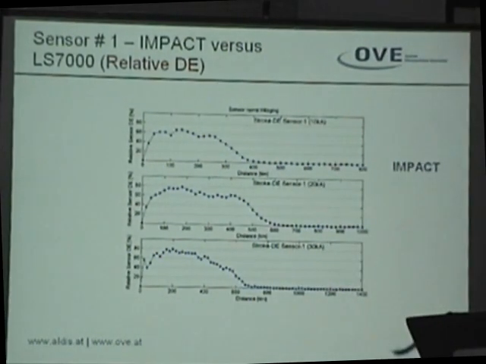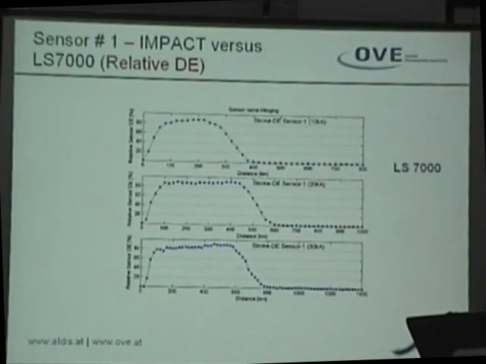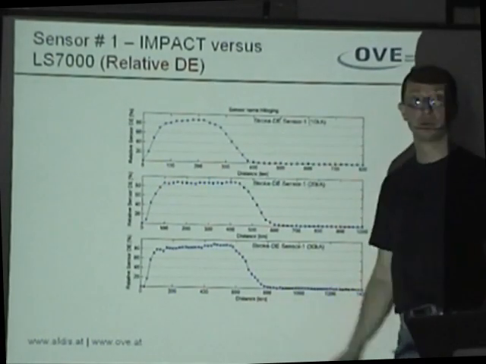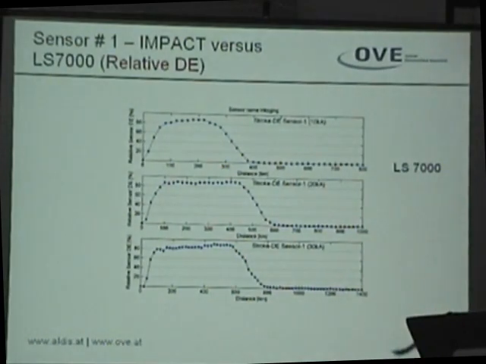And this is a relative detection efficiency, because it is determined from the lightning location system data itself. If you go to the LS7000, you see that the LS7000 has much better detection efficiency over longer distances, and it also goes up to higher values. What's the reason? They're different.